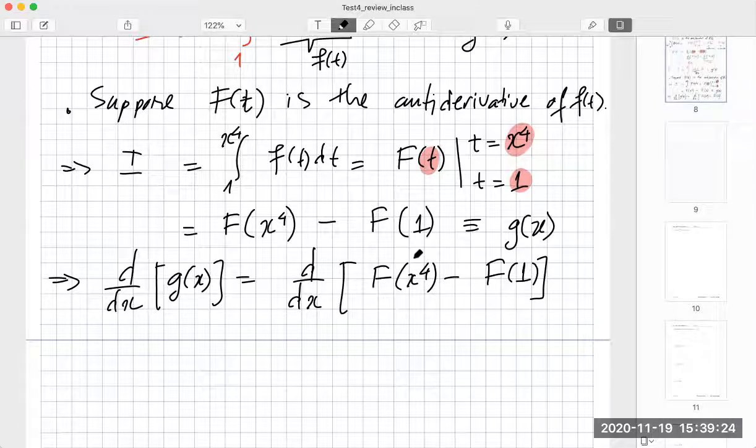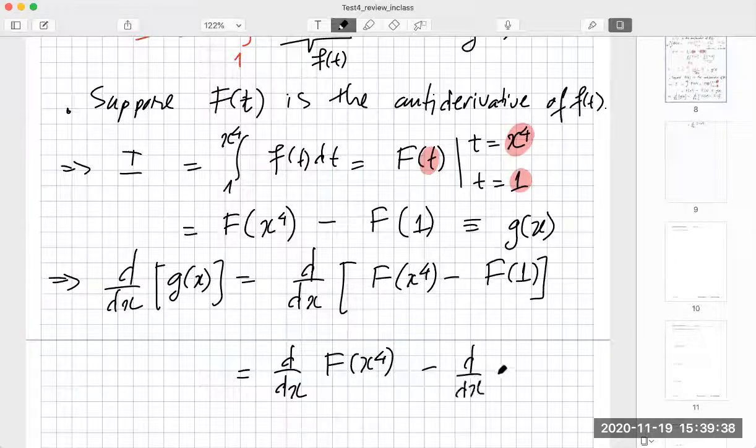Now, the same story. So d of this would be d over dx of F of x to the 4th minus d over dx of F evaluated at 1.